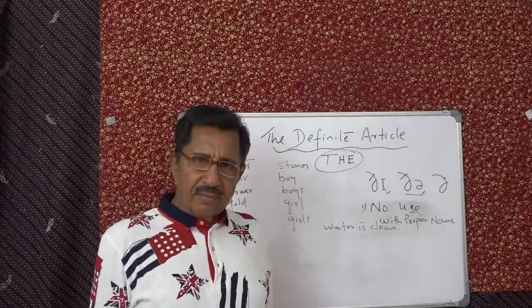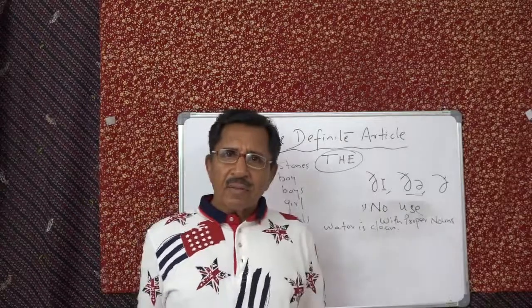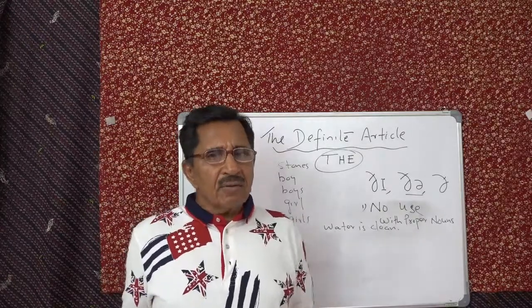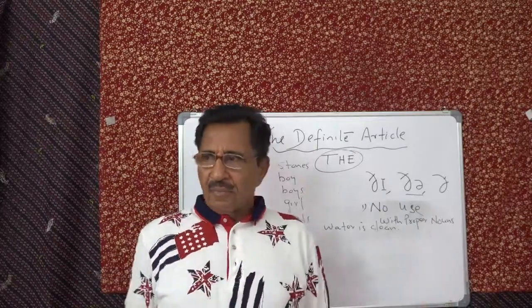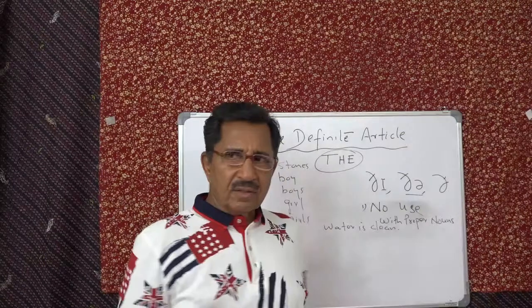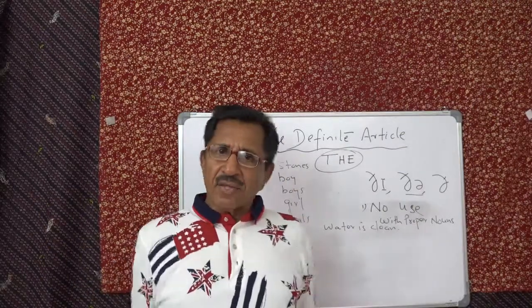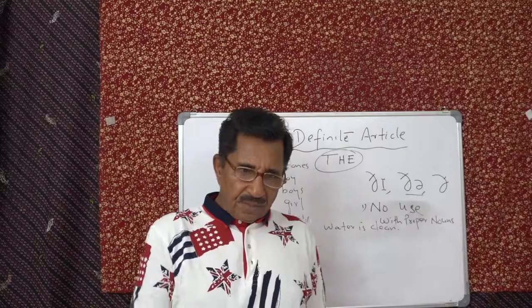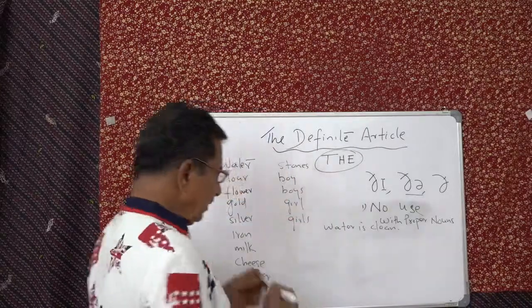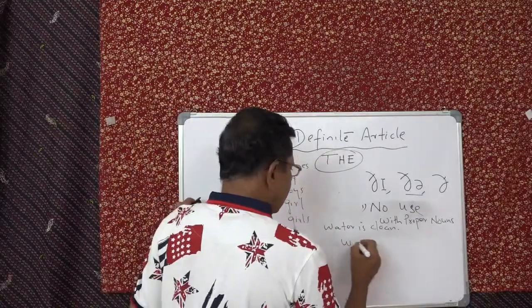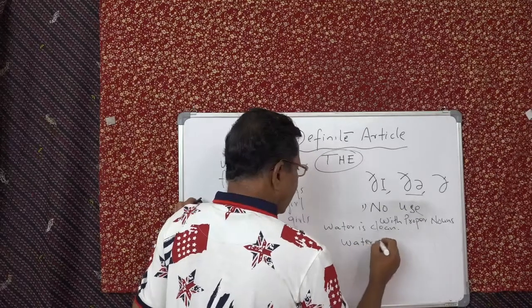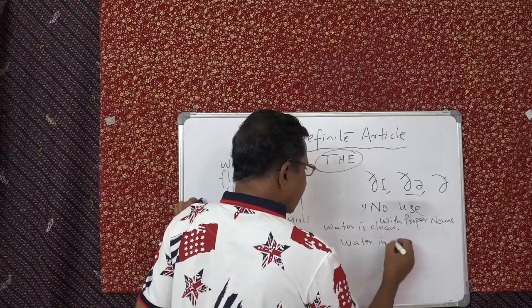Now the water is clean. That is a general statement. Water is clean. This water, that water, some water is clean, that's all. But if you say water in the pool.